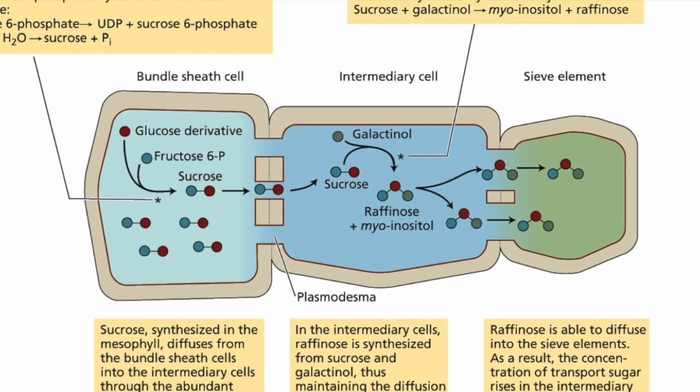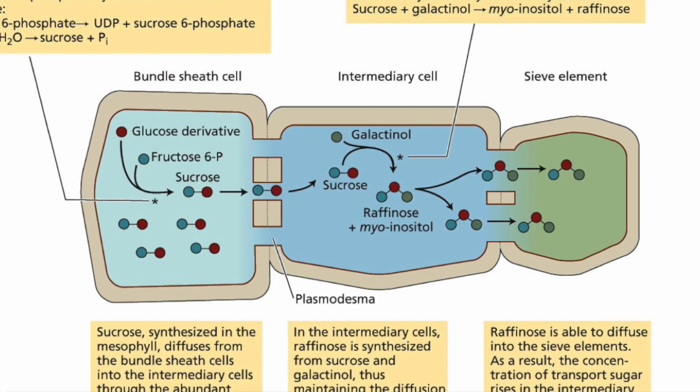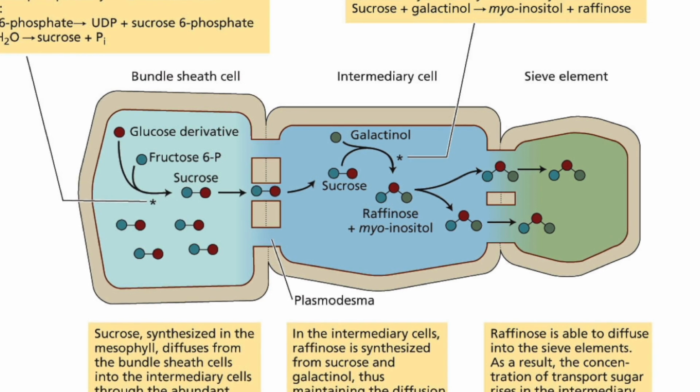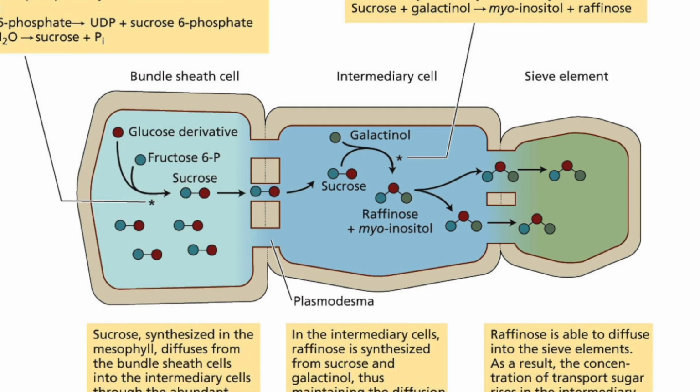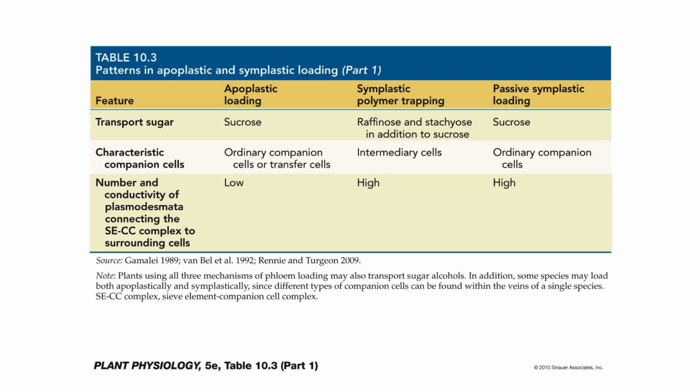Again, this is a less common method for sugar transport in plants, but it is one that has been documented. So let's look at some of the patterns here for apoplastic and symplastic loading. If we look at the features here for apoplastic loading, the transport sugar is sucrose.